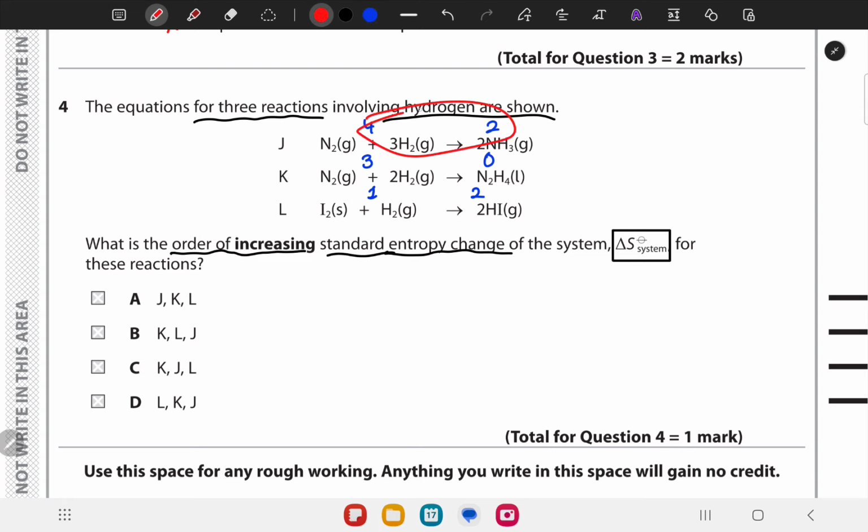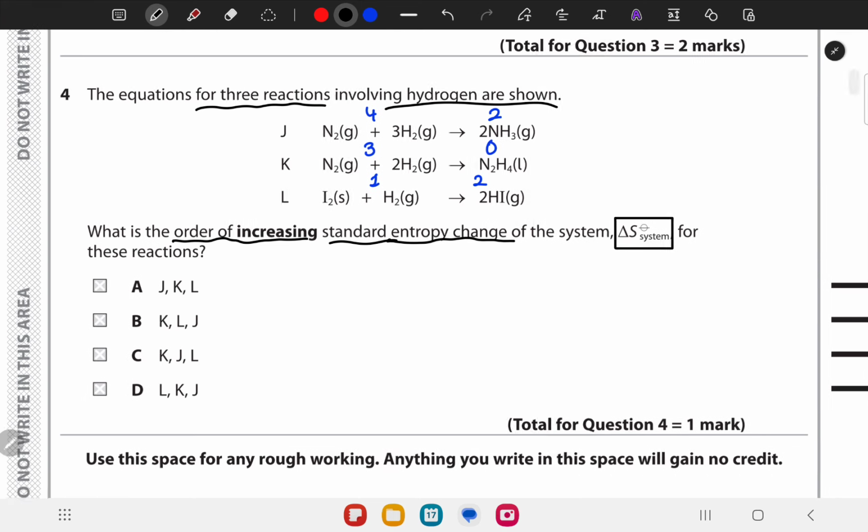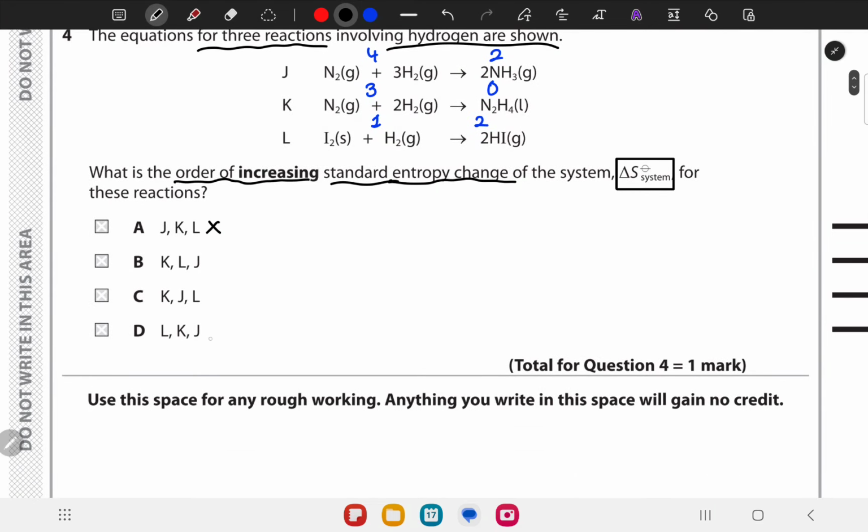So the place where there is a bigger increase would mean a more positive del S system. A decrease would mean negative del S system. The more negative this change is, the more negative the del S system. Since K also converts this into a liquid, the del S system will be most negative for K. So K would be our first term.